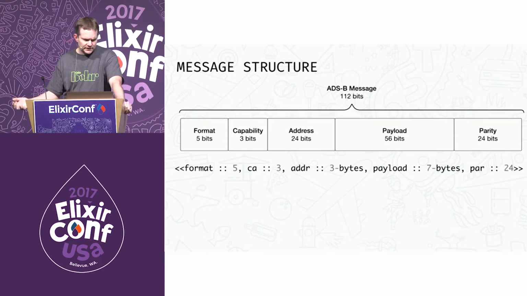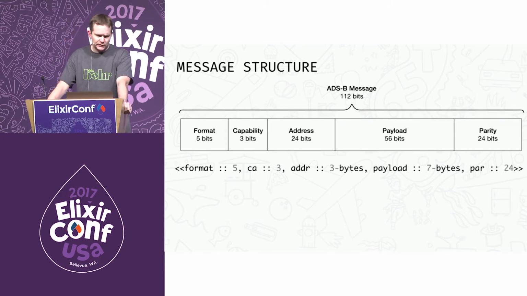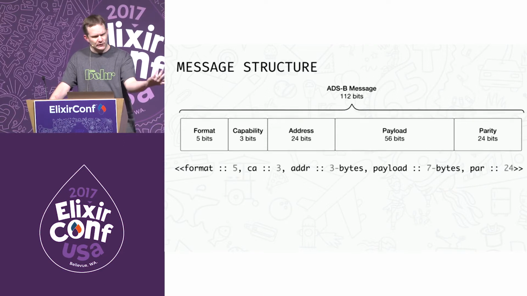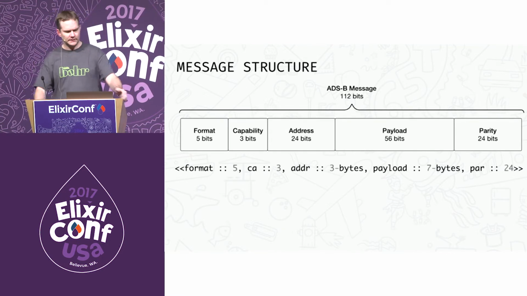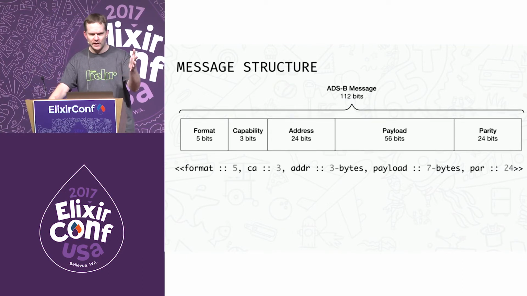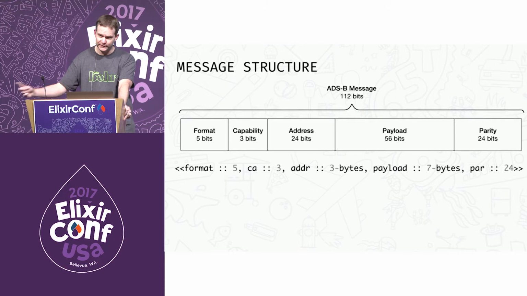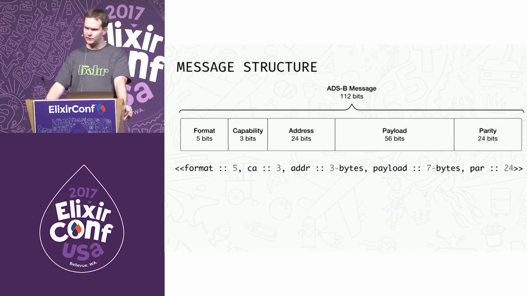The third field is a really important field. It's called address. This is a field that is 24 bits long. It's also regulated by an international organization known as the ICAO, and they dole these out kind of like MAC addresses, where there's a certain prefix or range that they allocate in an organized way, and certain countries have certain ranges, and you can actually use that to figure out where the aircraft is registered.